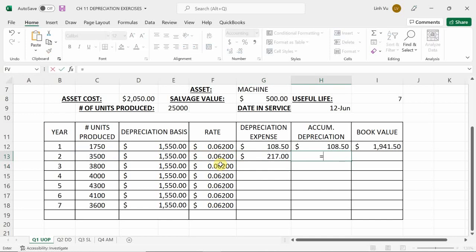Okay. And now we need to do the accumulated depreciation. It's previous year add current year.